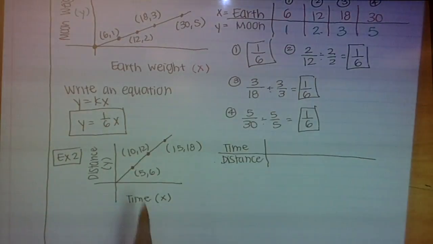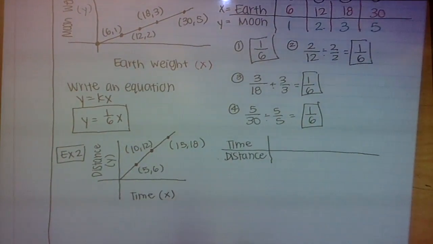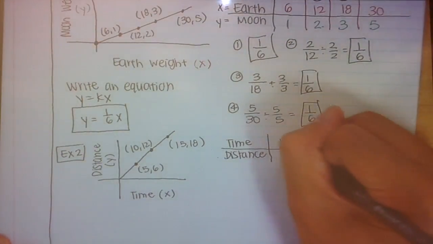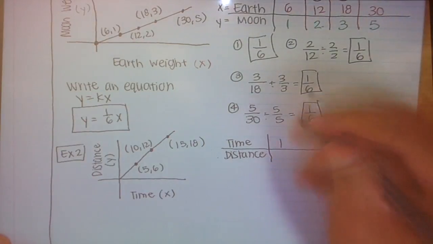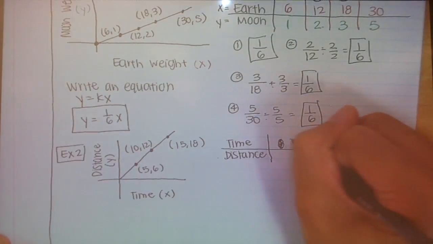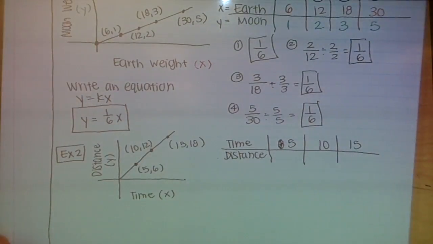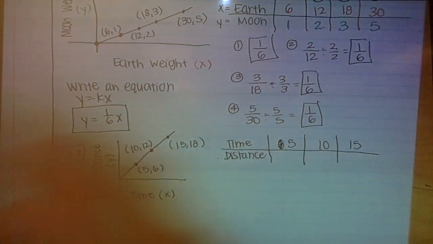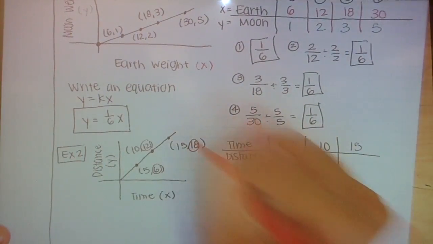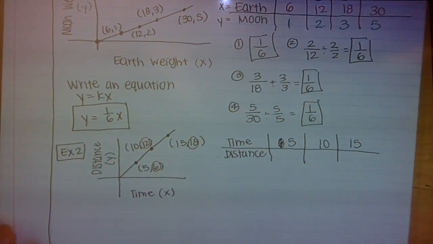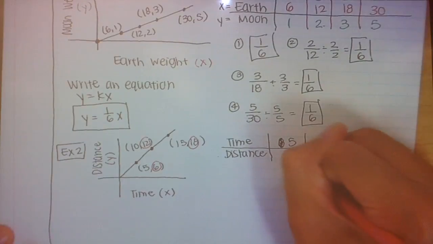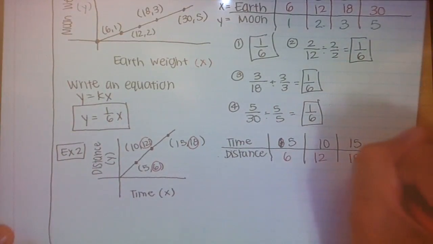So all of my x coordinates, 5, 10, and 15, are the time. So this is 5, 10, and 15. Then my distance are all of the y coordinates. So that is 6, 12, and 18.